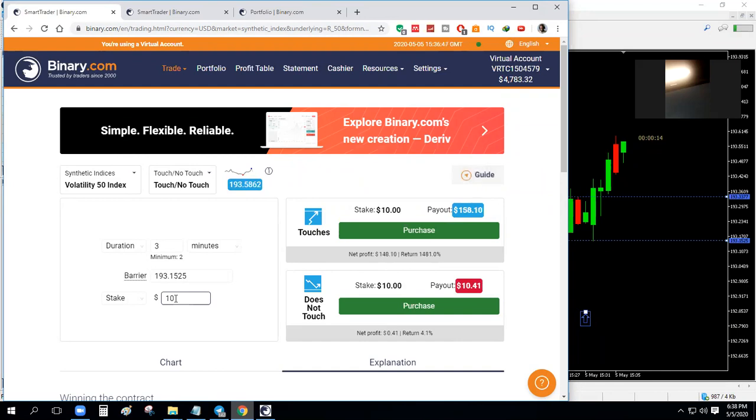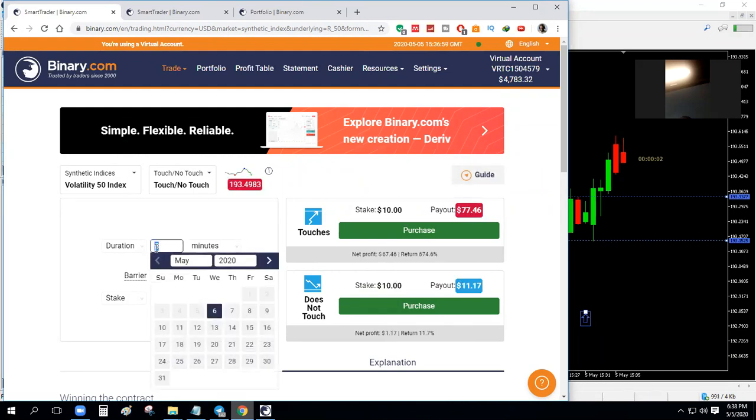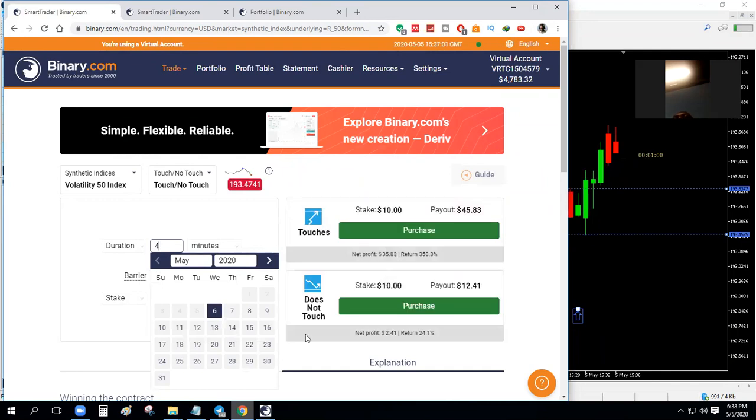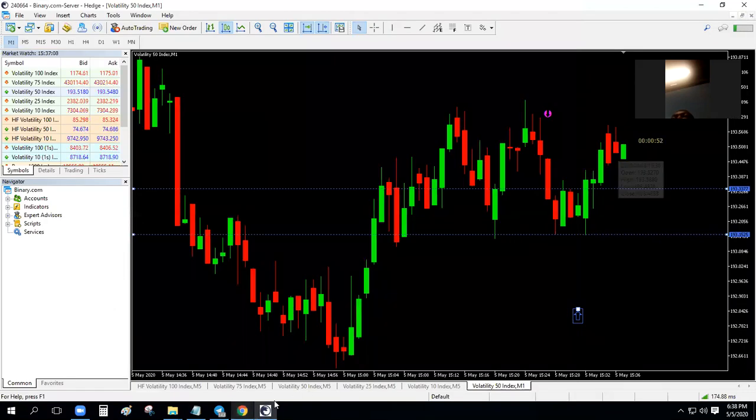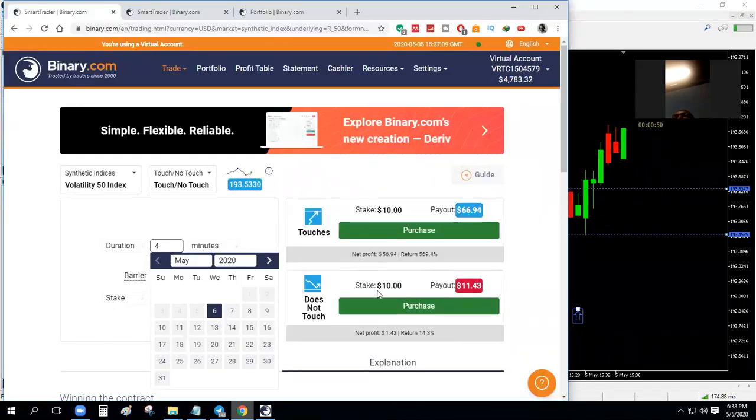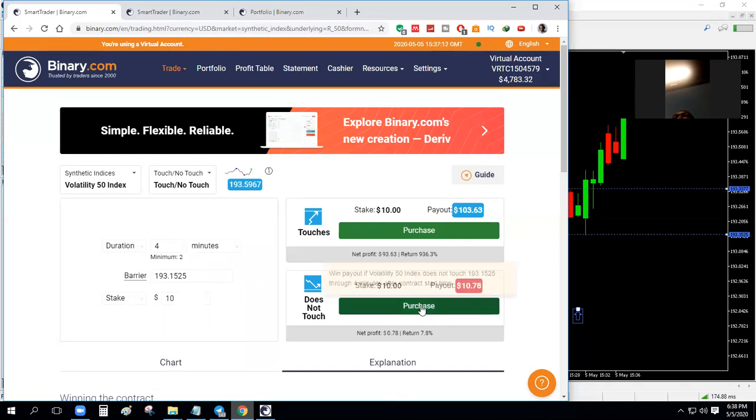Okay? So I will not place a trade until I have a good percentage here, like 20% or greater than that. One of the things I can do so that I can enter this trade is adjust the time to 4 minutes. Now you see I have 24%. So if you feel like the next 4 candles, because this is 1 minute candle, will not be able to touch this price, then at that point, you purchase this option.